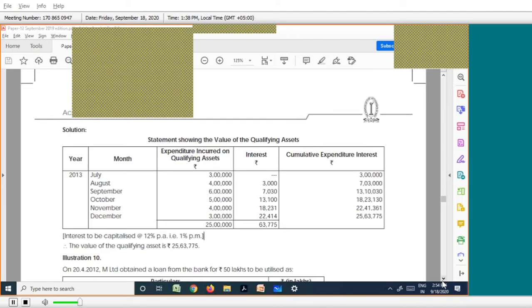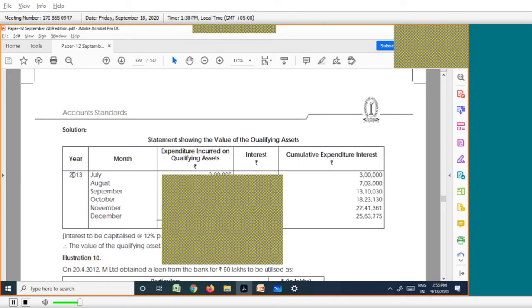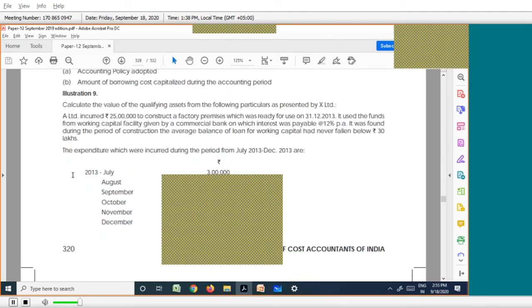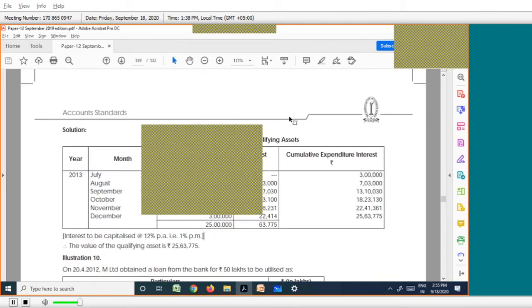If you go through the question, up to December 25,63,775, when the asset is completed as per the question, the asset is ready for use on 31/12/2013.